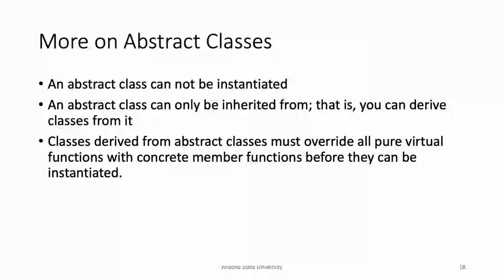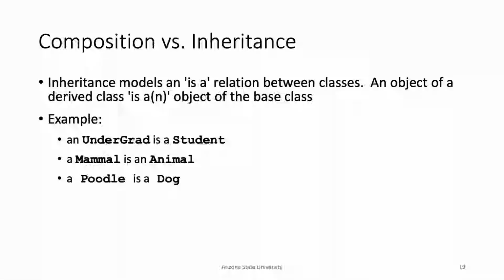If you want to instantiate it, you can't have any pure virtual functions at all. So you have to override them, provide an implementation for them. So override is not just a different implementation. It could be that we're providing an implementation for a function that didn't have one before, namely a pure virtual function. Yeah. So you have to have a concrete member function, one that actually has an implementation.